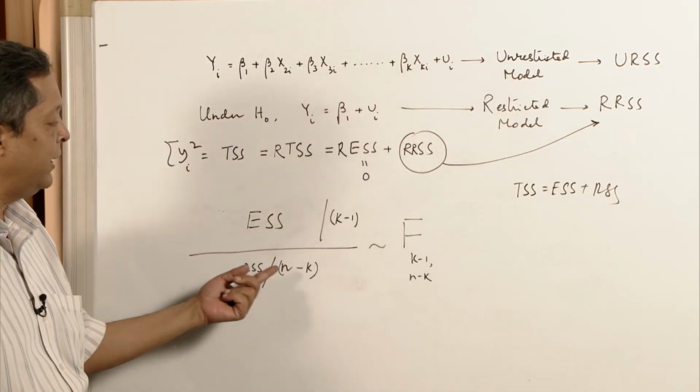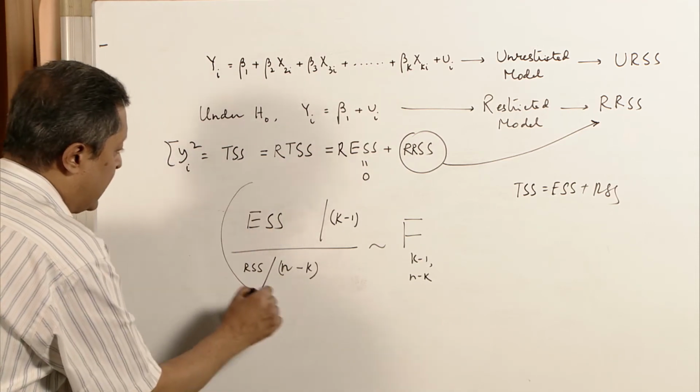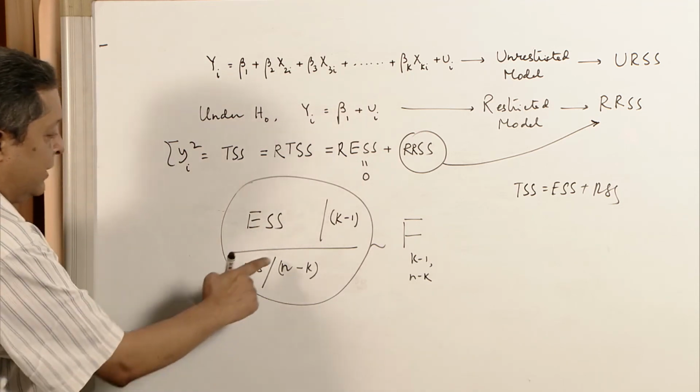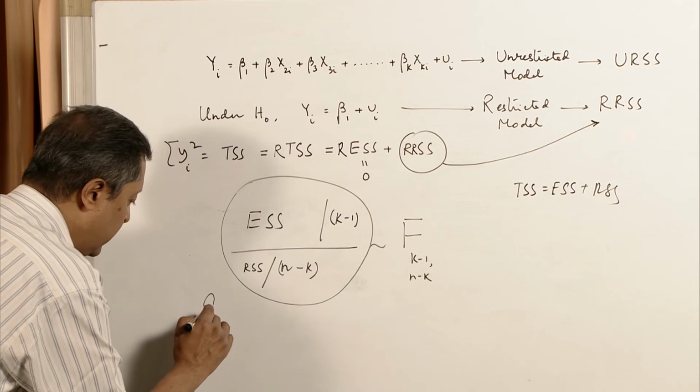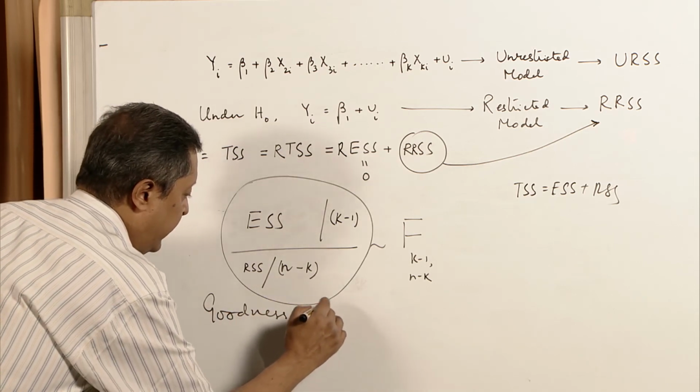So, RSS by n minus k, and if you quickly go back to the earlier module, you will find that this is the test of goodness of fit.